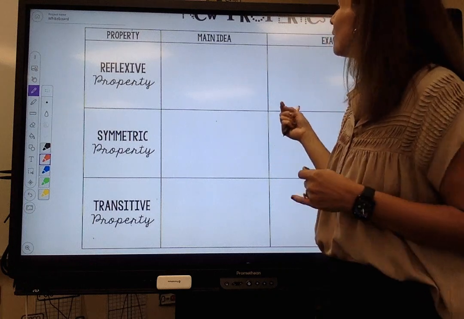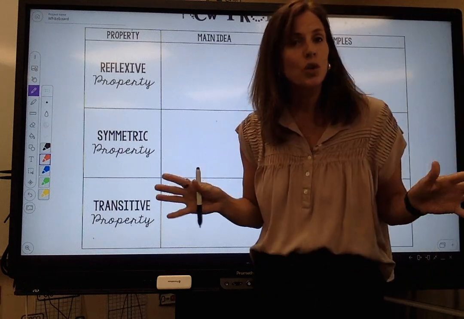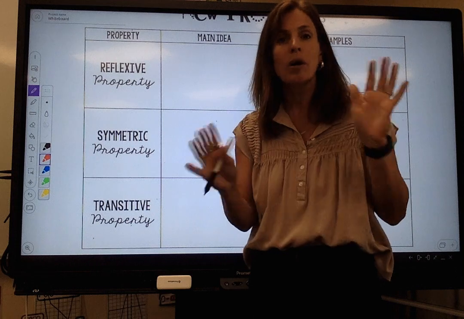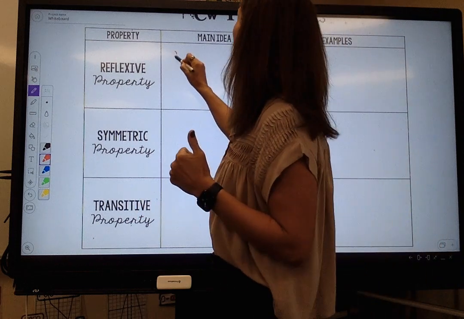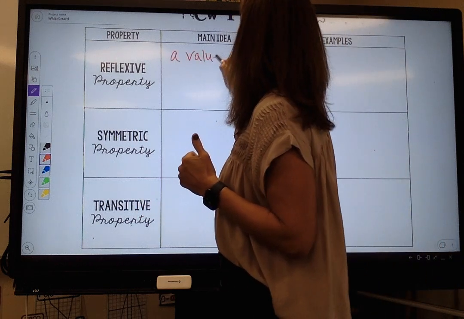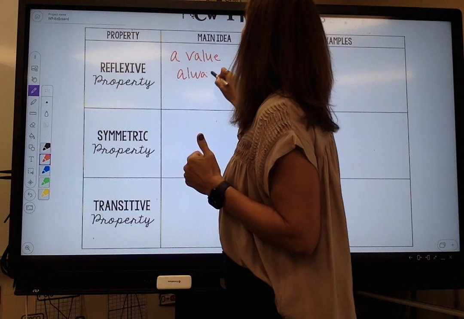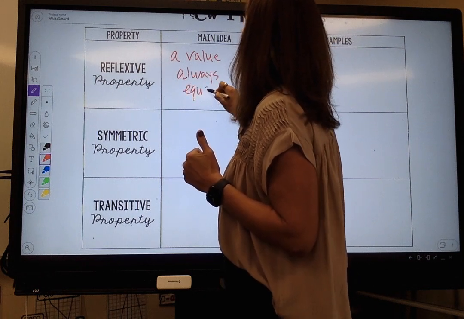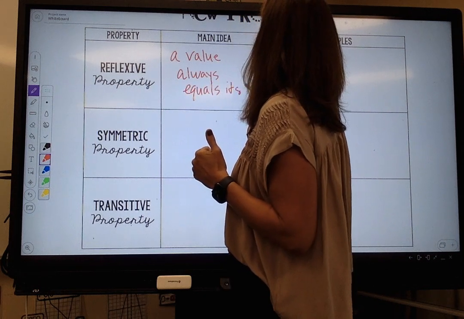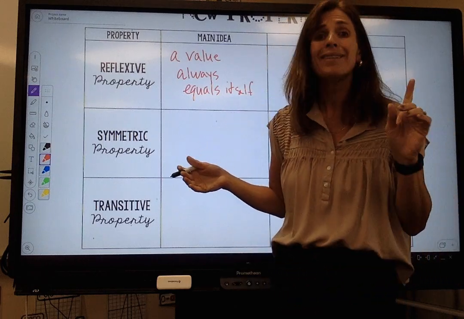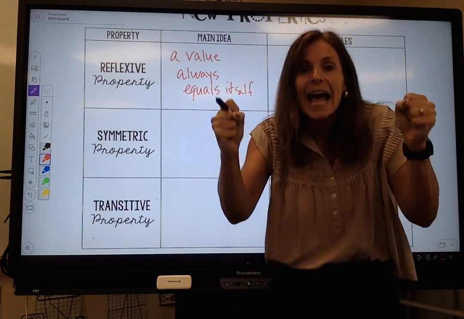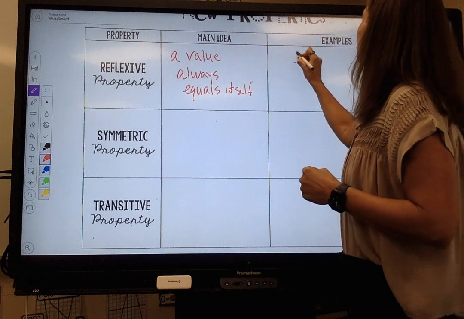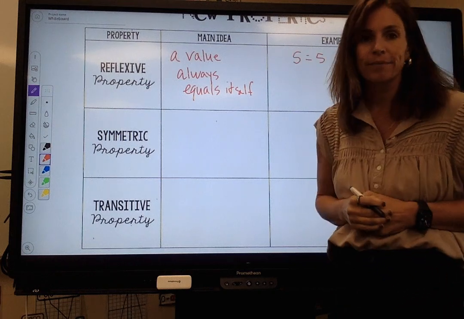So, what's reflexive property? This is almost too easy to be a property, okay? It almost is too easy. It is where a value always equals itself. What? Yes, it is the exact same thing on both sides. It is 5 equals 5.